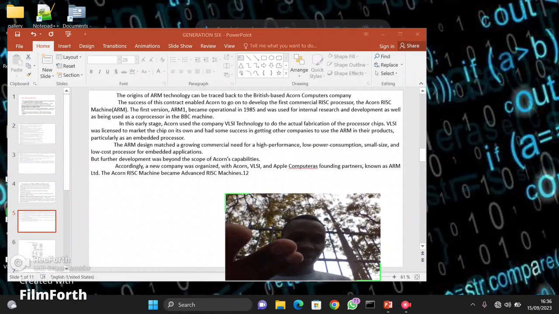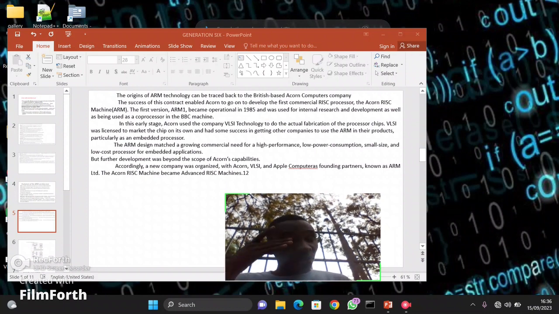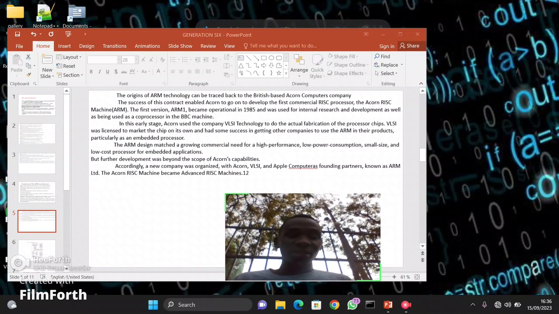The ARM design matched a growing need. We've not talked about the early stage. In the early stage, Acorn used VLSI Technology to do the actual fabrication of these processor chips.